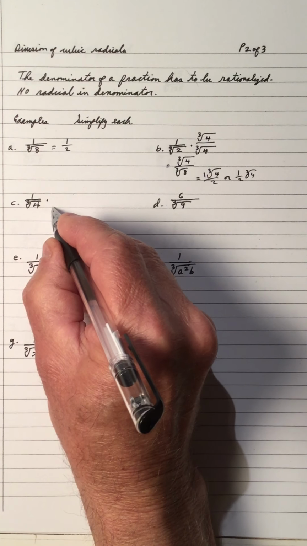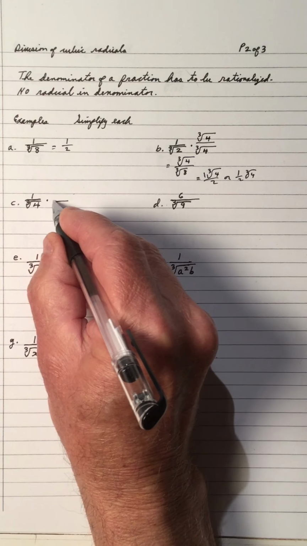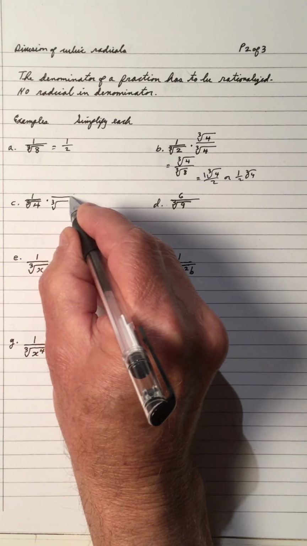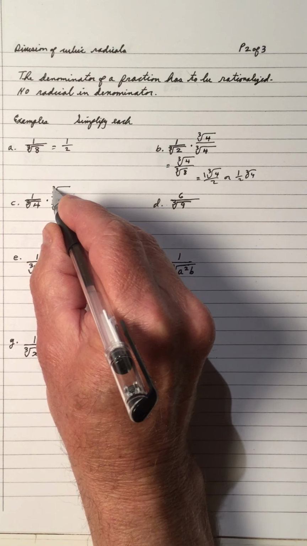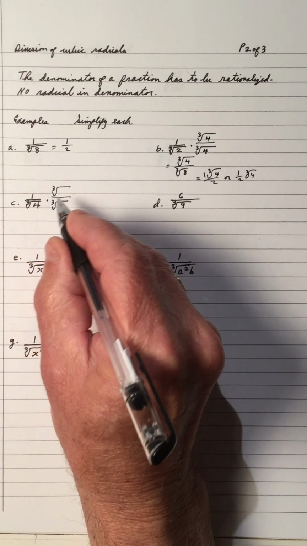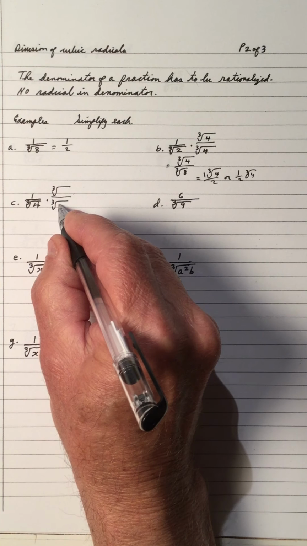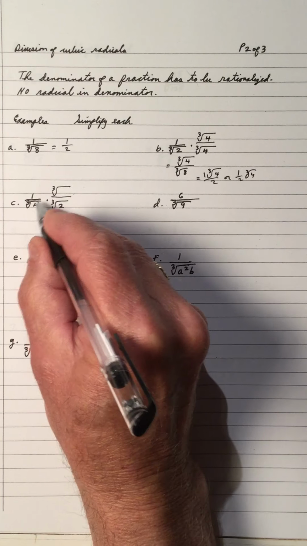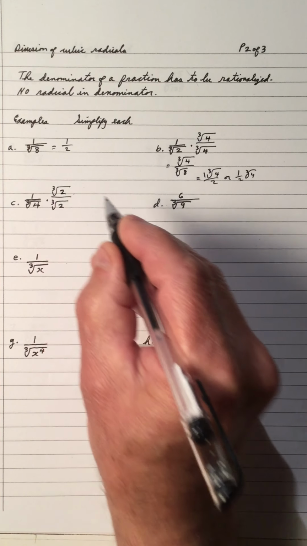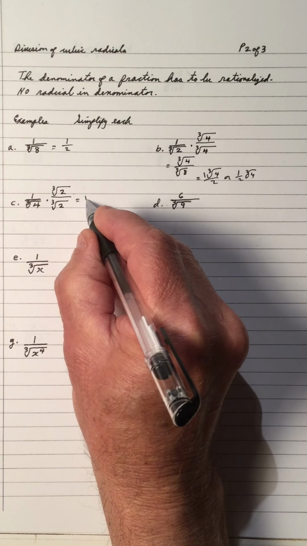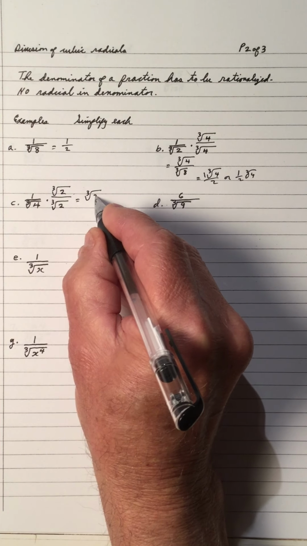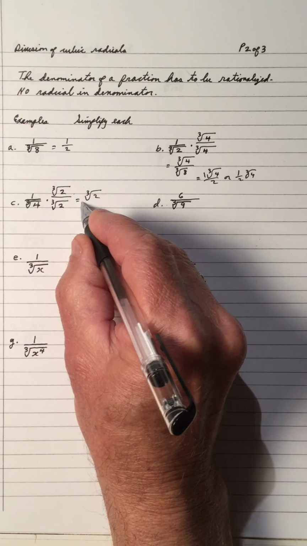And to do this one, I have a 4, which is not a perfect cube, so I use a cube root. I have a 4; to get the perfect cube I need to multiply by 2, because 4 times 2 makes 8. So that's the cube root of 2, because of 1 times that.